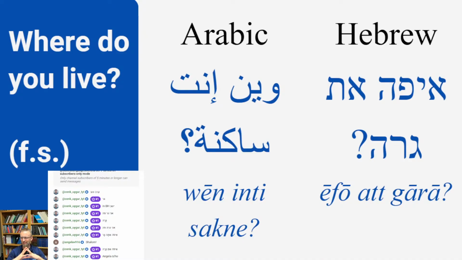Wain inti sakne. Okay, so in the masculine singular in Arabic, it's wain inta sakin, and wain inti sakne in the feminine. And then in Hebrew, the masculine will be efo ata gar, and in the feminine, efo at gara. Okay, good.